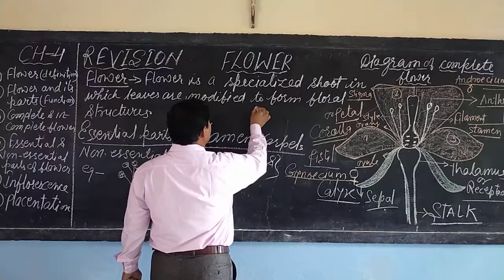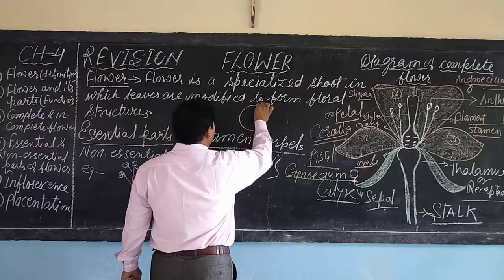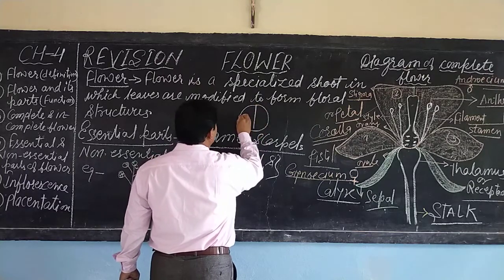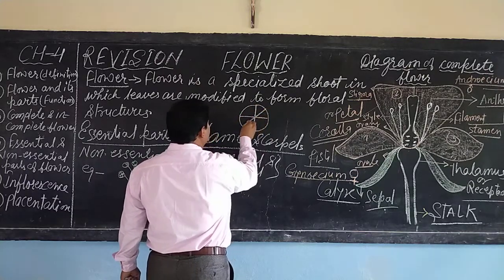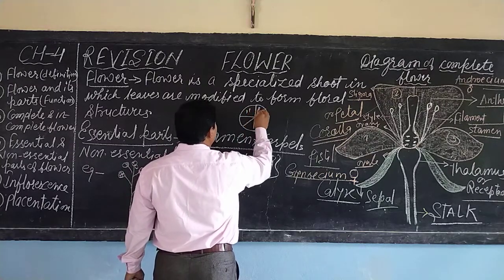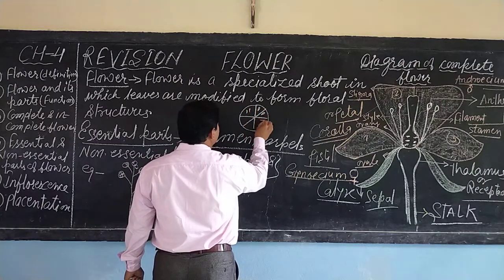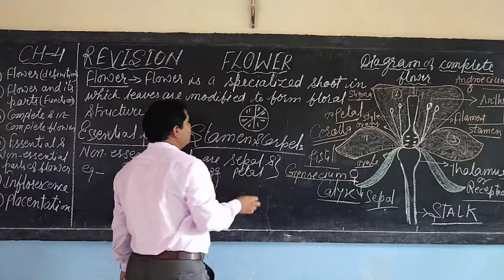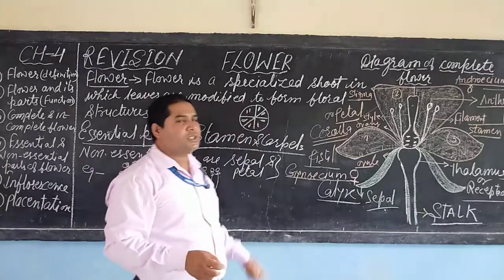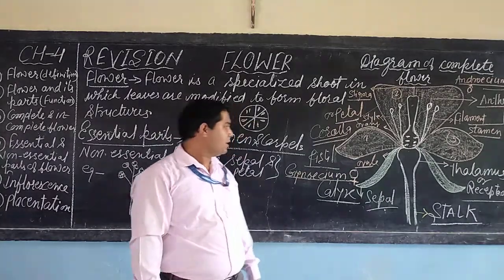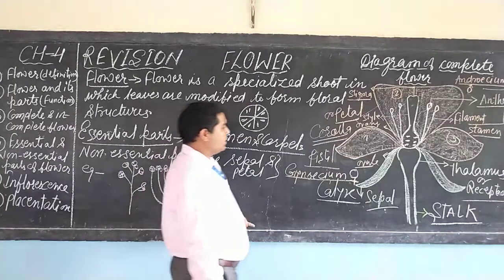See here, for example, suppose that it is a cut piece of a lemon. Dear student, you may have seen seeds are arranged in different chambers. This way, and this arrangement is known as placentation.